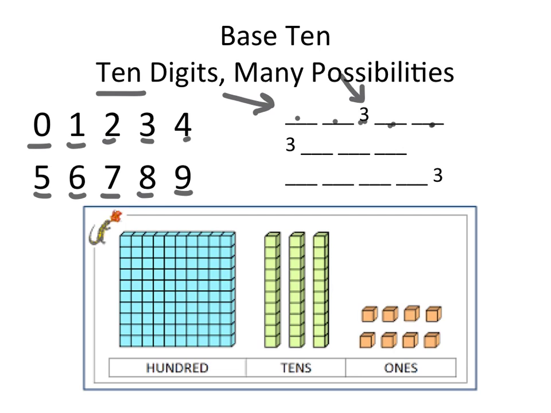That means we have 3 of these. This 3 happens to be in the ones, tens, hundreds, thousands place, which means we have 3,000s, which doesn't even show in our picture. This 3 is in the ones place, which means we have 3 of these.